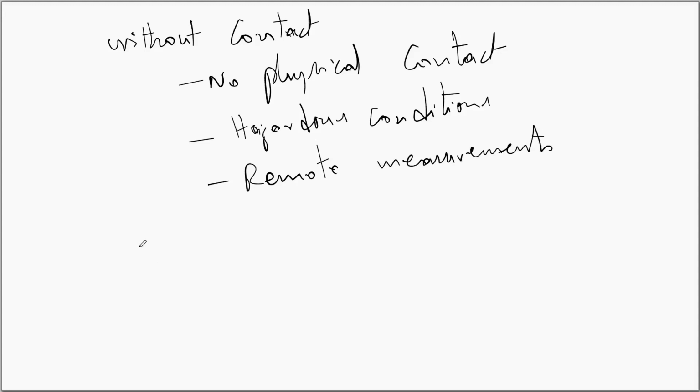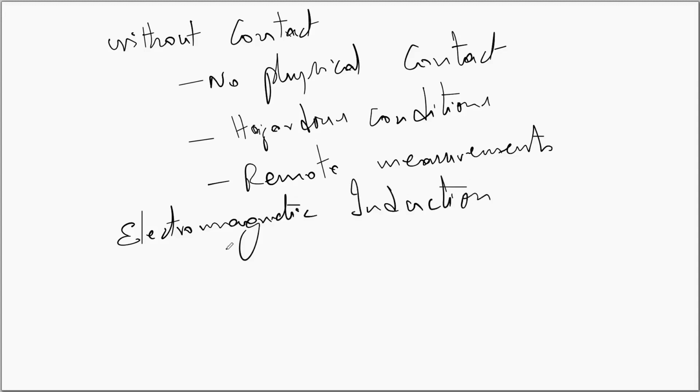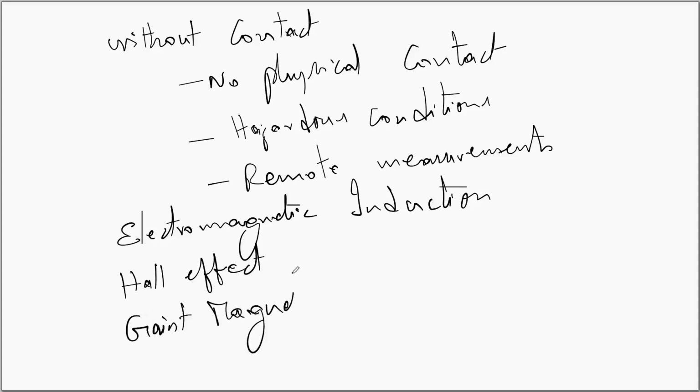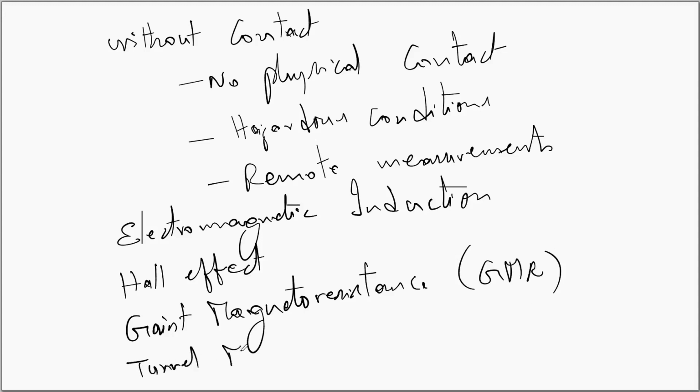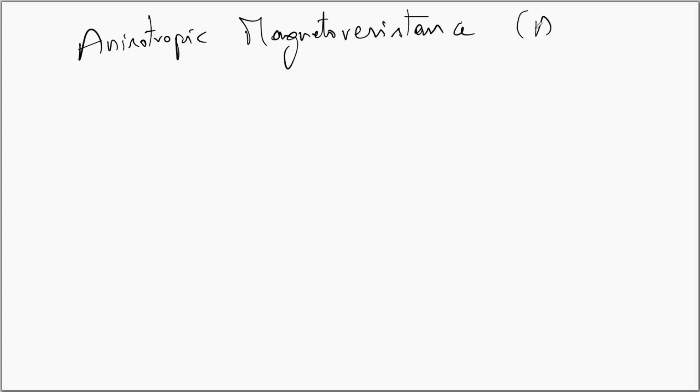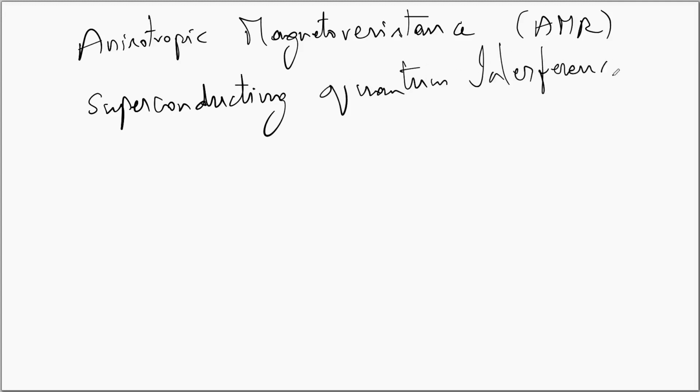The magnetic sensors have been developed utilizing various physical phenomena such as electromagnetic induction, Hall effect, the giant magnetoresistance or GMR, the tunnel magnetoresistance or TMR, anisotropic magnetoresistance, the AMR, and for applications where highest sensitivity is required, one can also use the superconducting quantum interference device.